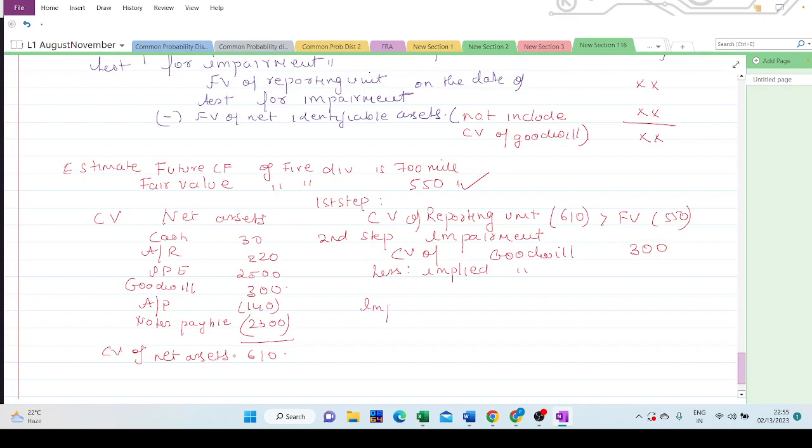So we'll calculate implied goodwill separately. Okay, so fair value of fire division on the date of test of impairment is 550. Right? Please write this down. Fair value of fire division on the date of test of impairment is 550. Right?